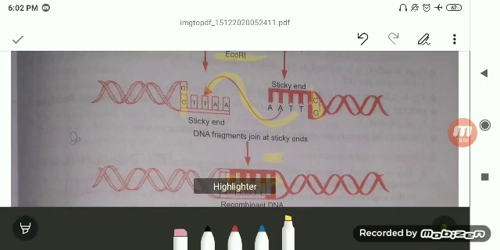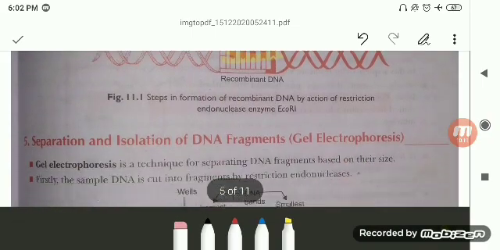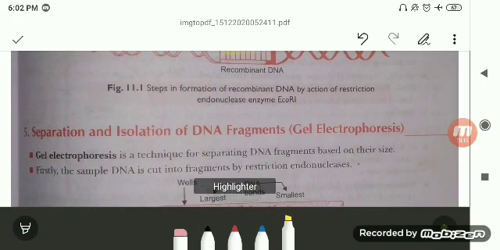So the next very important topic is the separation and isolation of DNA fragments by the technique called gel electrophoresis. Gel electrophoresis is a technique for separating DNA fragments based on their size.